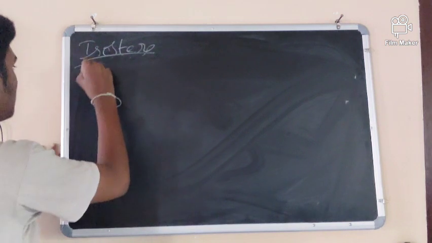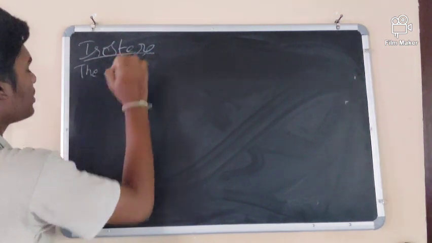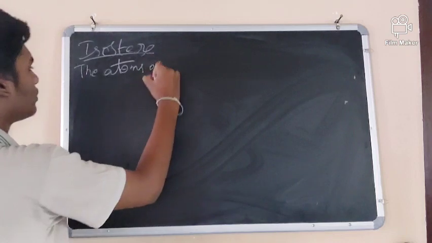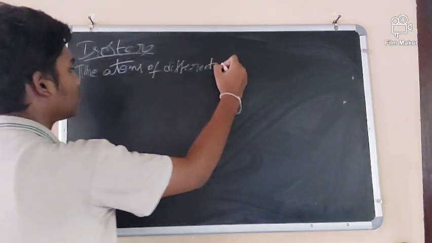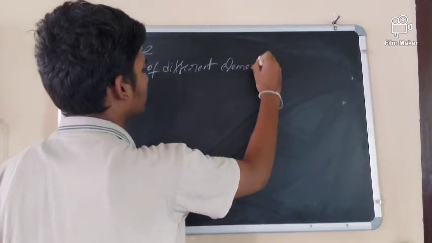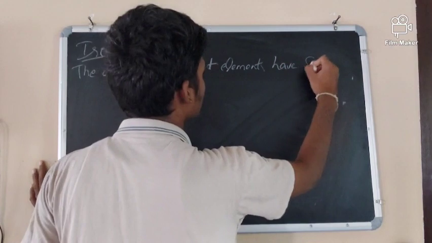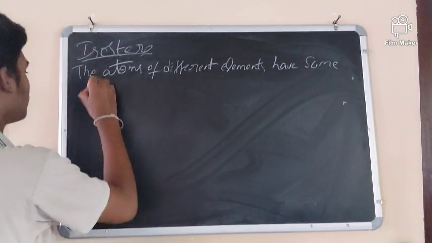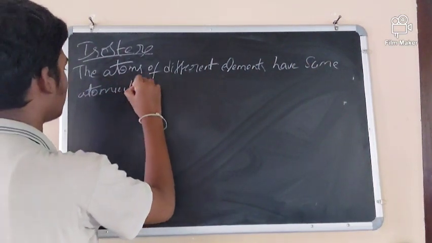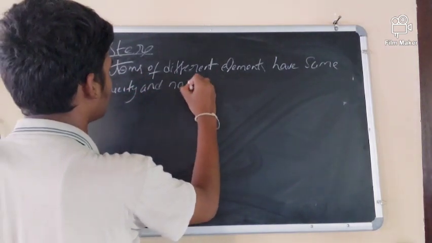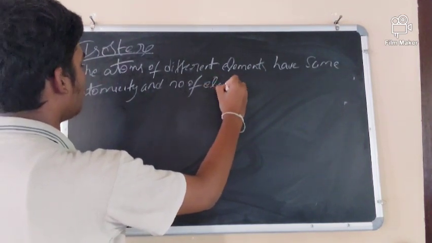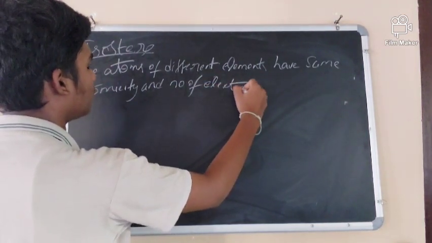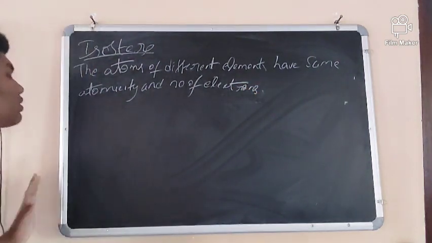The atoms of different elements having the same atomicity and the same number of electrons are called isosters.